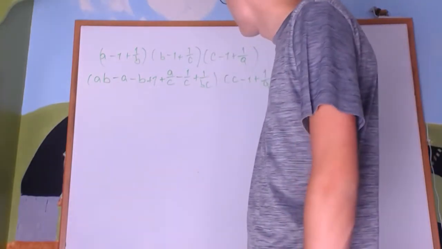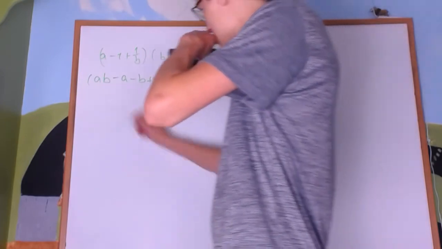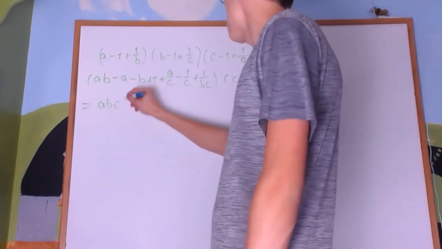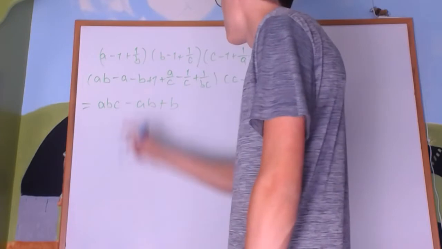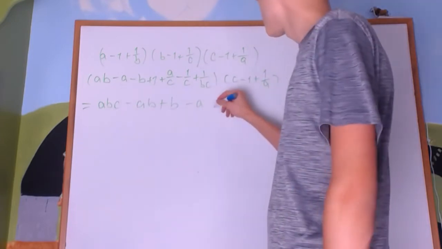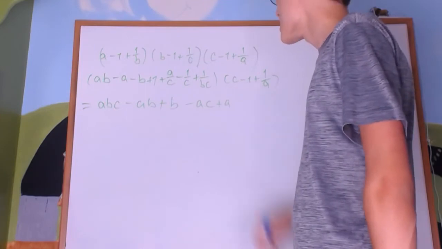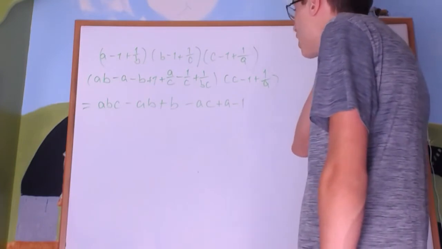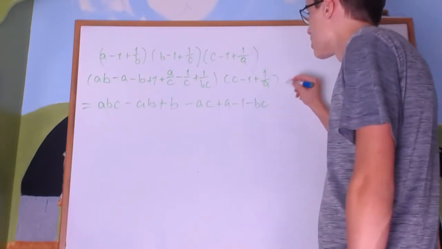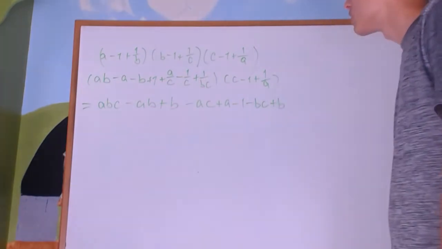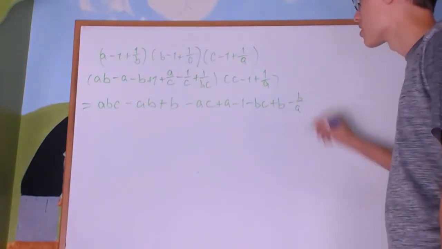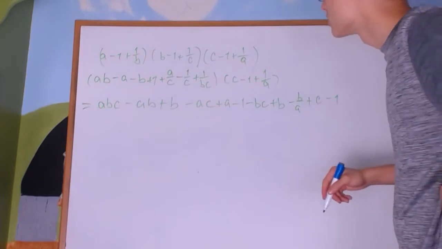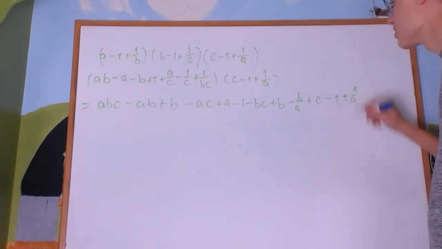That is equal to ABC minus AB plus B minus AC plus A minus 1 minus BC plus B minus B over A plus C minus 1 plus 1 over A.